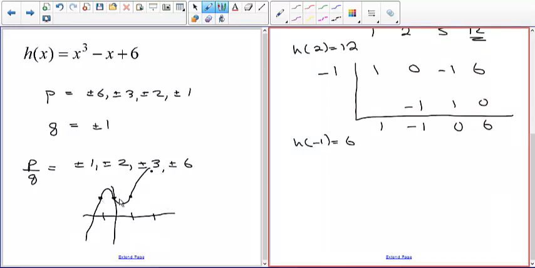So it looks like negative 2 might be a good choice. Let's see what happens there. Negative 2, 1, 0, negative 1, 6. Okay, so you bring 2 down. Bring 1 down. Negative 2 times 1 is negative 2. 0 plus negative 2 is negative 2.